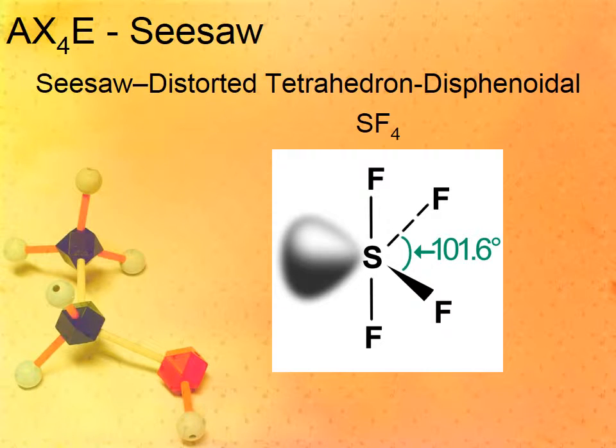We call the structure, besides seesaw, also distorted tetrahedron or dysphenoidal. And sulfur tetrafluoride is an example of this structure, in that it has a lone pair at the equatorial plane. And as you can see, that lone pair does push the bonding pairs between the sulfur and the fluorine inward somewhat, reducing the angle from 120 to 101.6.